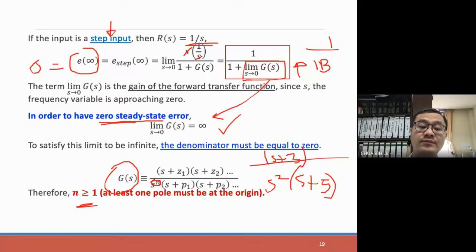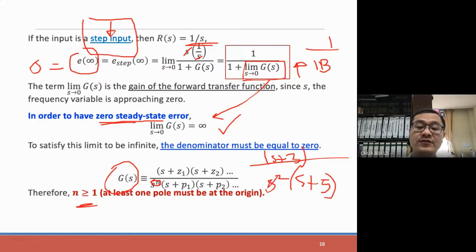This is an important characteristic for this type of system. When the step input is applied, the n, which is this one, must be at least 1.